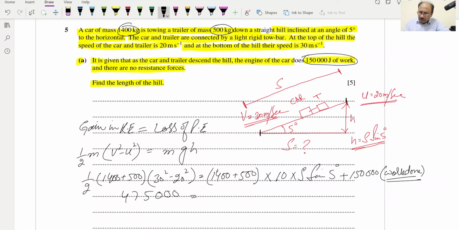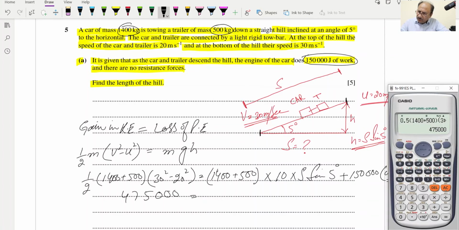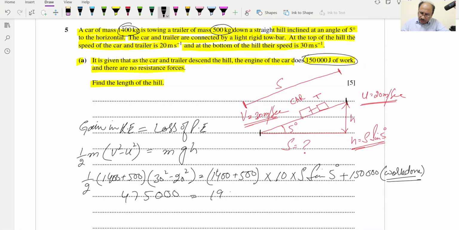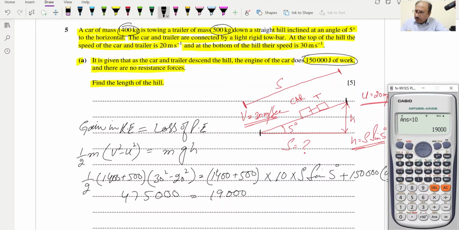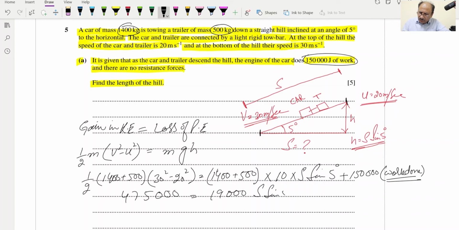This side we can also simplify, and this side will be 1400 plus 500, which is 1900 multiplied by 10, and this will be equal to 19,000 s sine 5 degrees, plus this one.